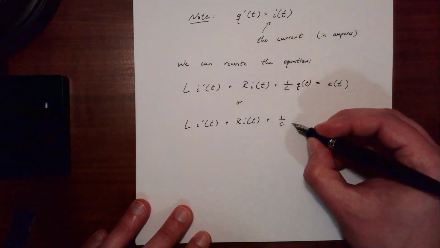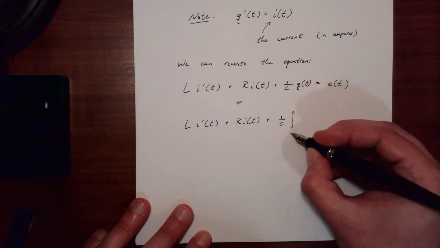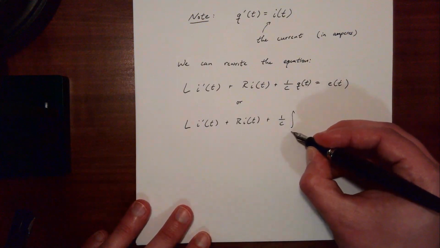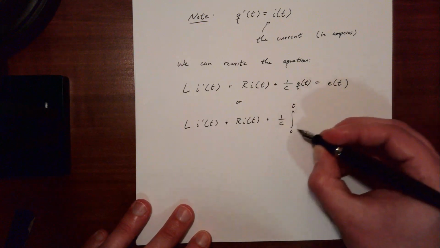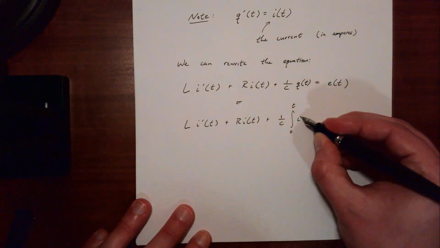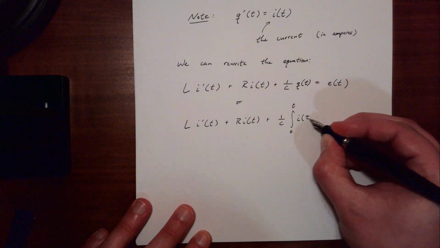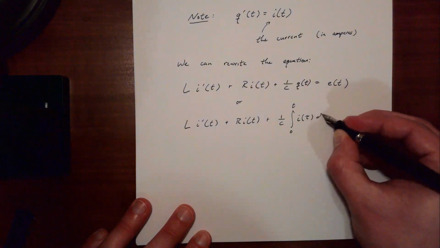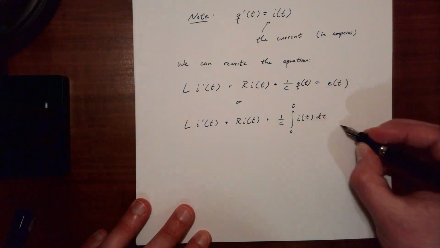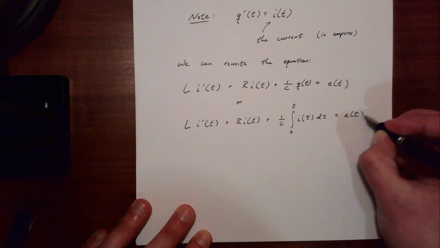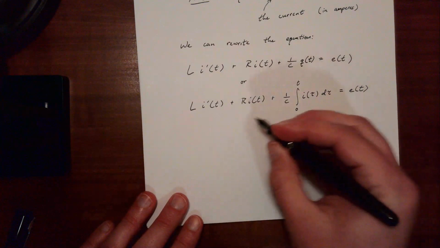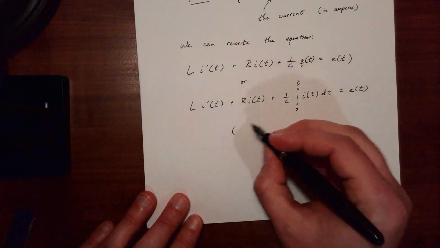It's the antiderivative of it, and by the fundamental theorem of calculus, an equivalent expression would be the integral from 0 to t of I of tau d tau, and that equals E of t. And this is what's called the integro-differential equation.